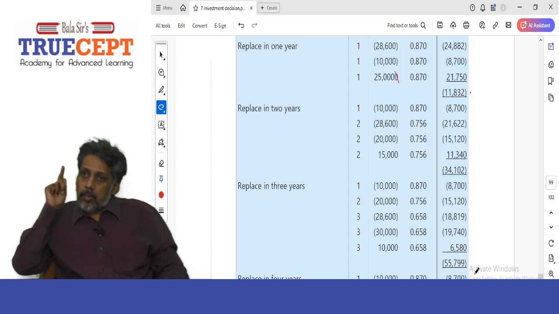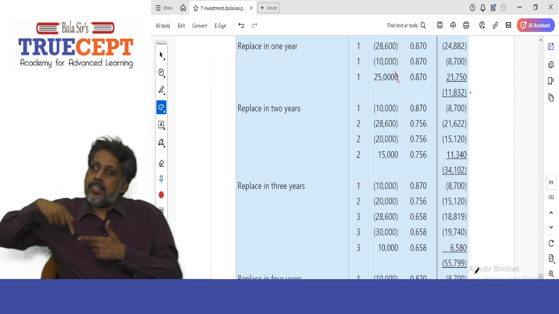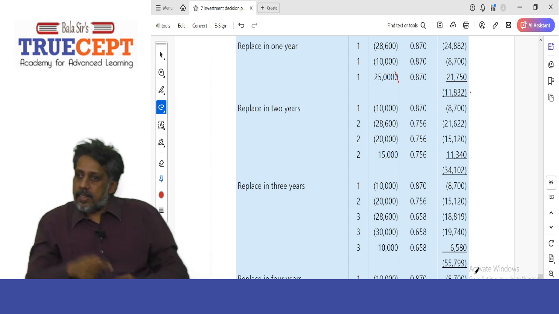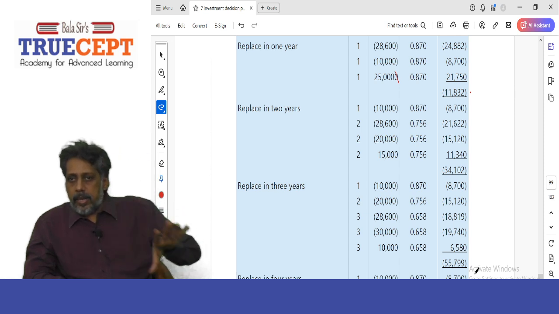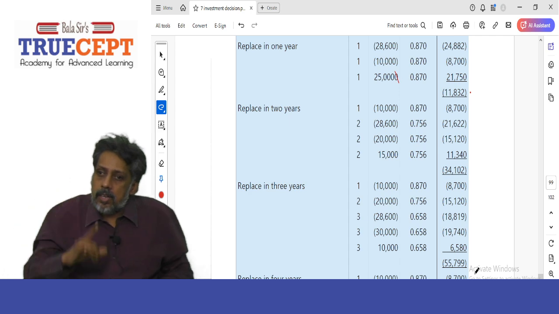Because you will be buying the new machine at the end of year 2 and use it for the next 8 years, right? Year 3, 4, 5, 6, 7, 8, 9, 10. Got it? So please remember, the 28,600 is a per annum cost of running the new machine.